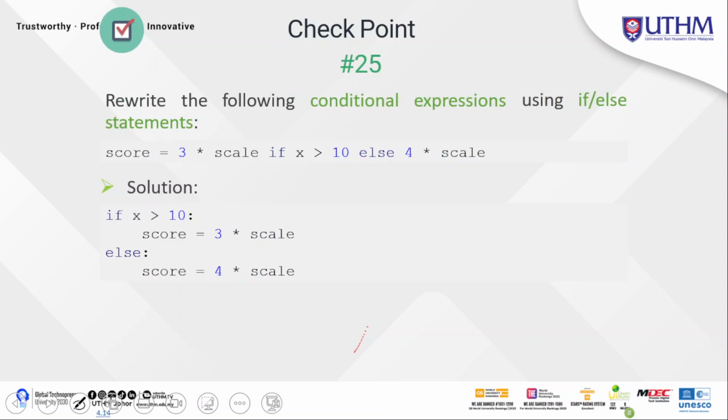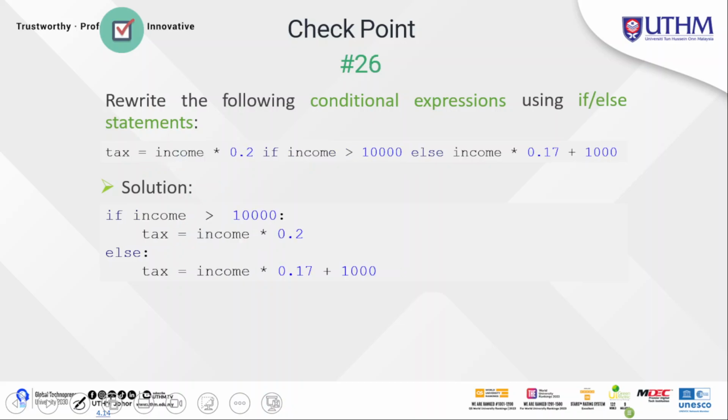Now that we've got conditional expressions, we change them to if else statements. So this will be your first condition output: score is 3 times scale if x is greater than 10, else score is equal to 4 times scale. The same goes for this example.